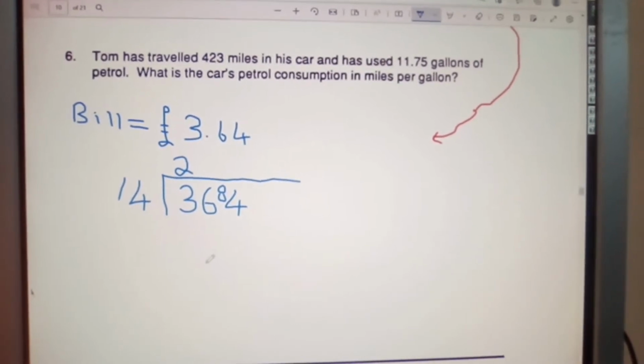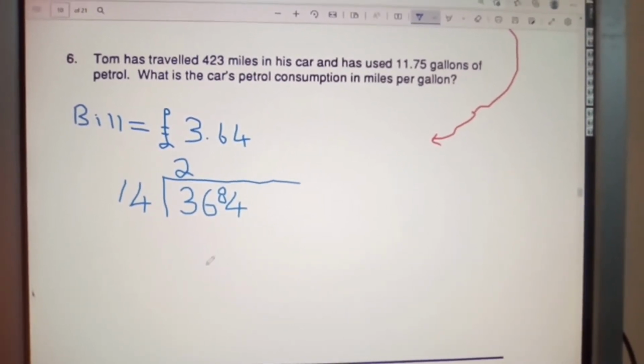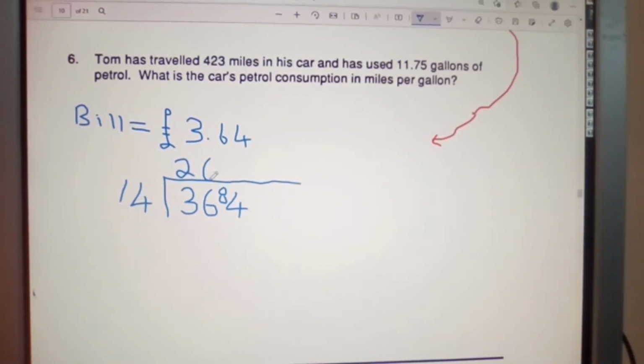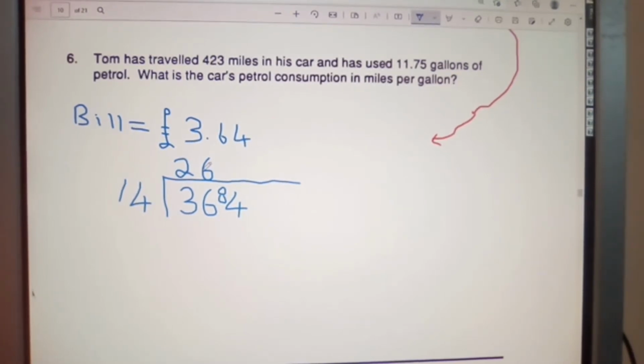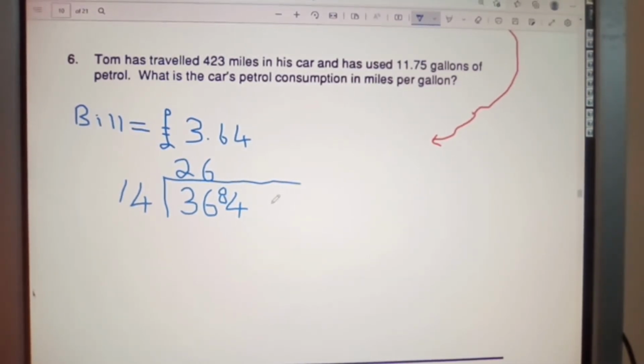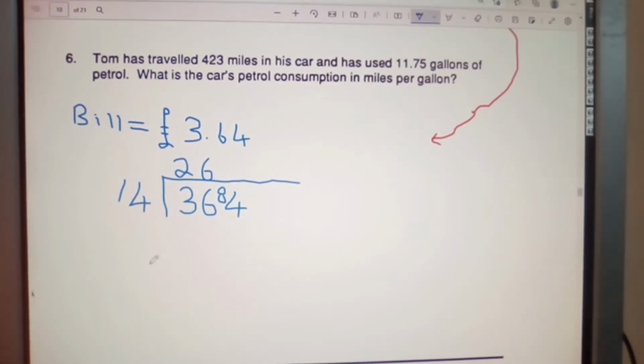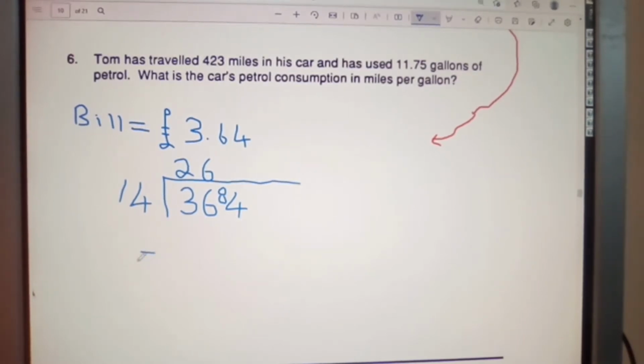It goes 6 times, and there's no remainder. So this now equals 26.